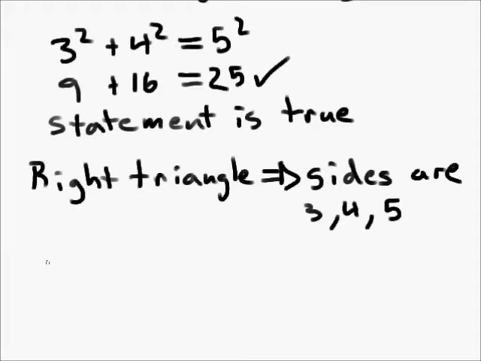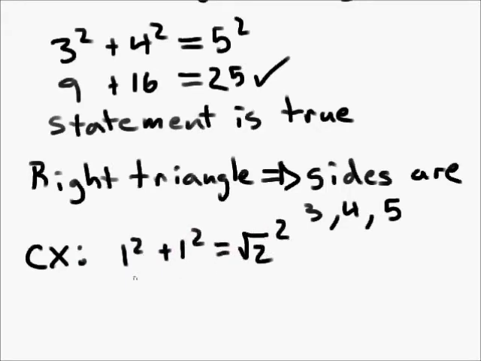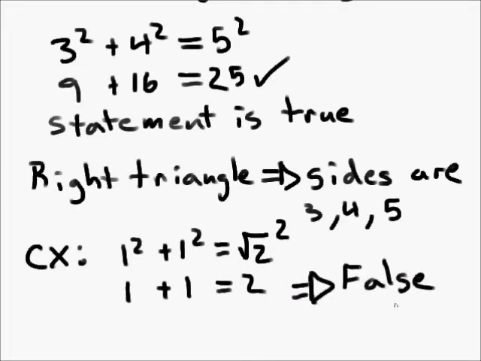False. How do we show something like this is false? We come up with a counterexample. 1 squared plus 1 squared is equal to the square root of 2 squared. 1 plus 1 is equal to 2. So all this means that the statement is false.